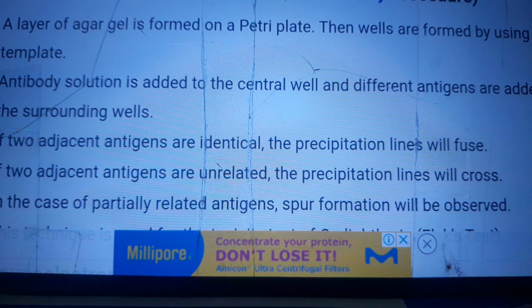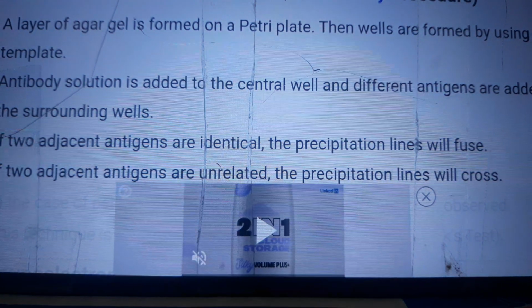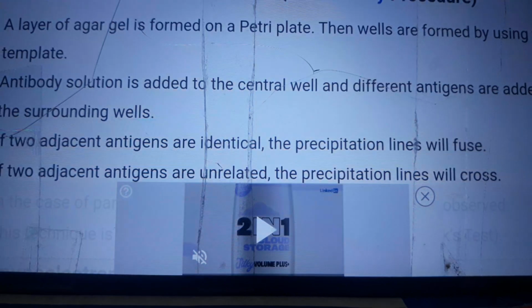Double diffusion in two dimensions, the Ouchterlony procedure. A layer of agar gel is formed on a Petri plate, and then wells are formed by using a template.